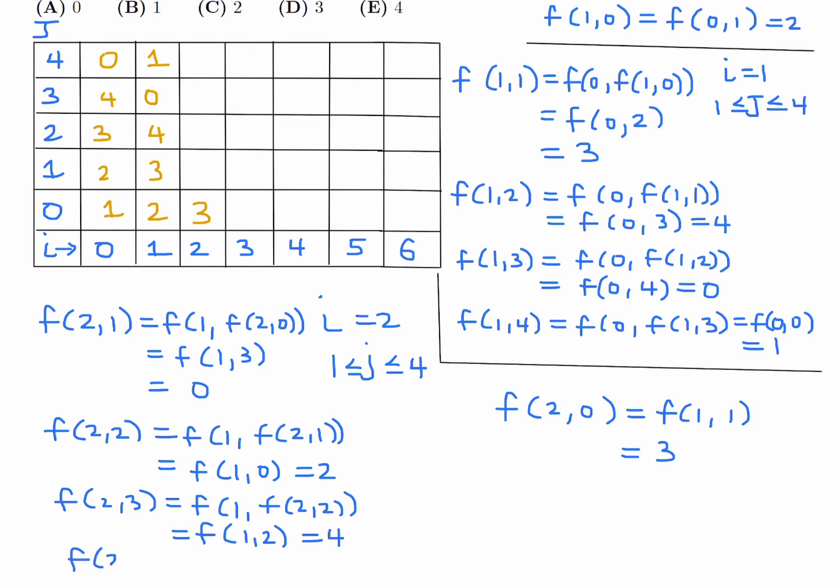And one more, (2, 4), is f at 1, f at (2, 3), and that is f at (1, 4), which is equal to 1. So let's fill that in. So I got 0, 2, 4, 1, right? So 0, 2, 4, 1, and so on, dot, dot, dot.